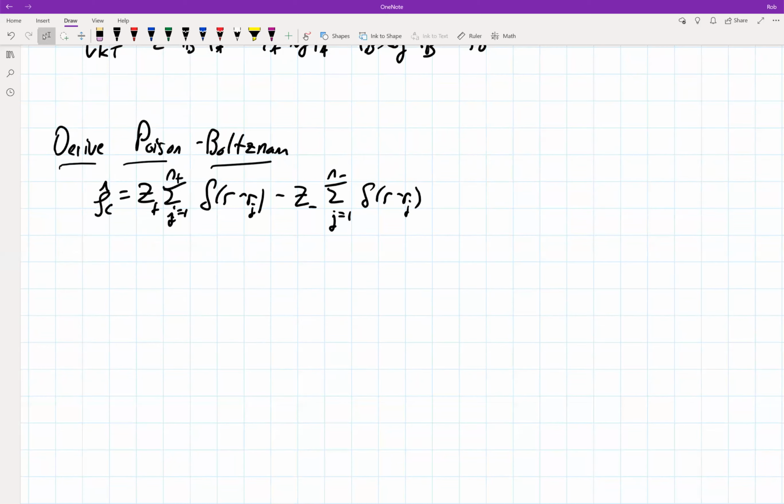And we're going to assume electroneutrality. So we have N equals N plus plus N minus total particles. And electroneutrality is going to require that N plus times Z plus, minus N minus times Z minus, equals 0.